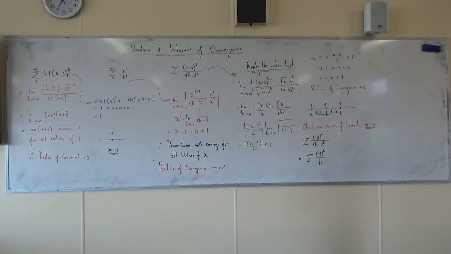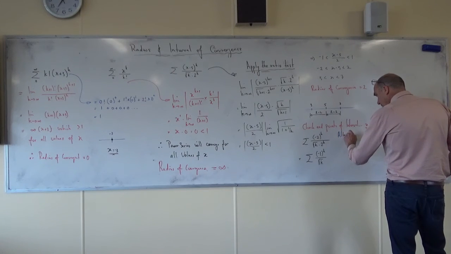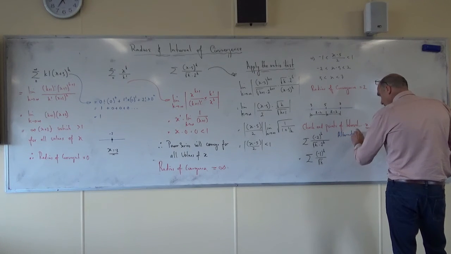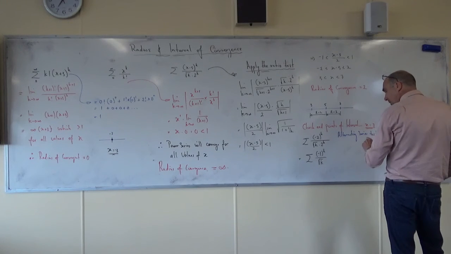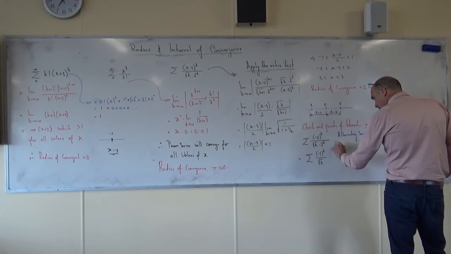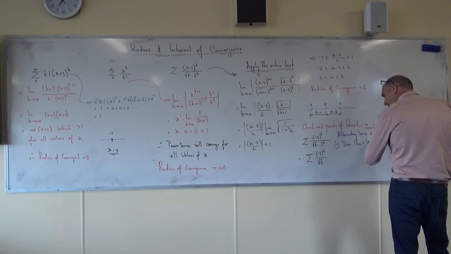I think you can see here that if we apply the alternating series test, that's going to be convergent. Test 1 is to show u_{k+1} is less than u_k.